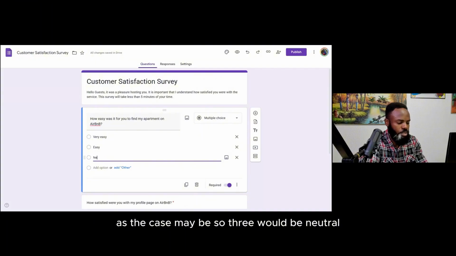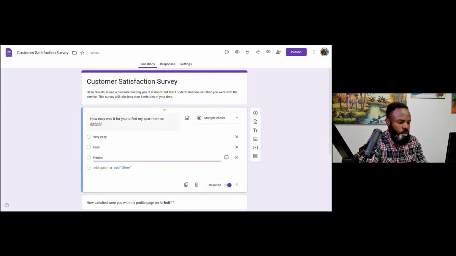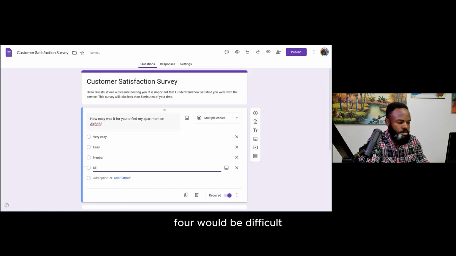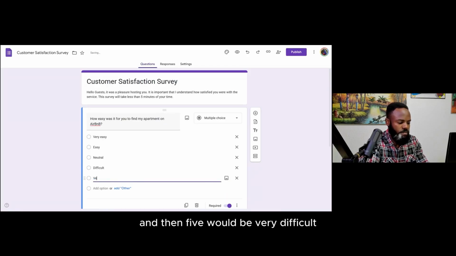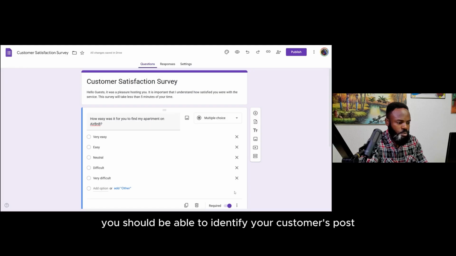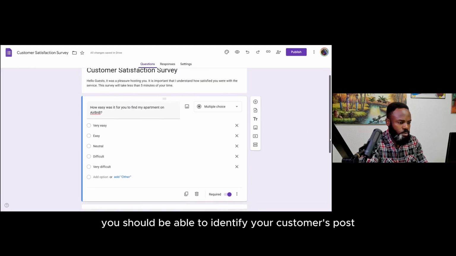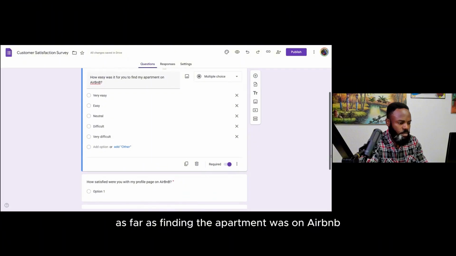So 3 would be neutral. 4 would be difficult. And then 5 would be very difficult.